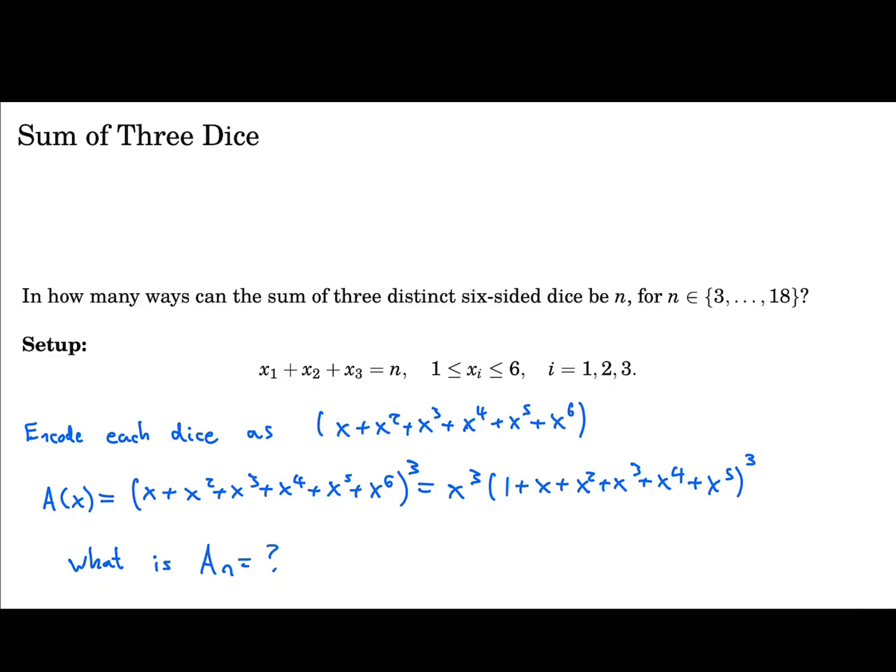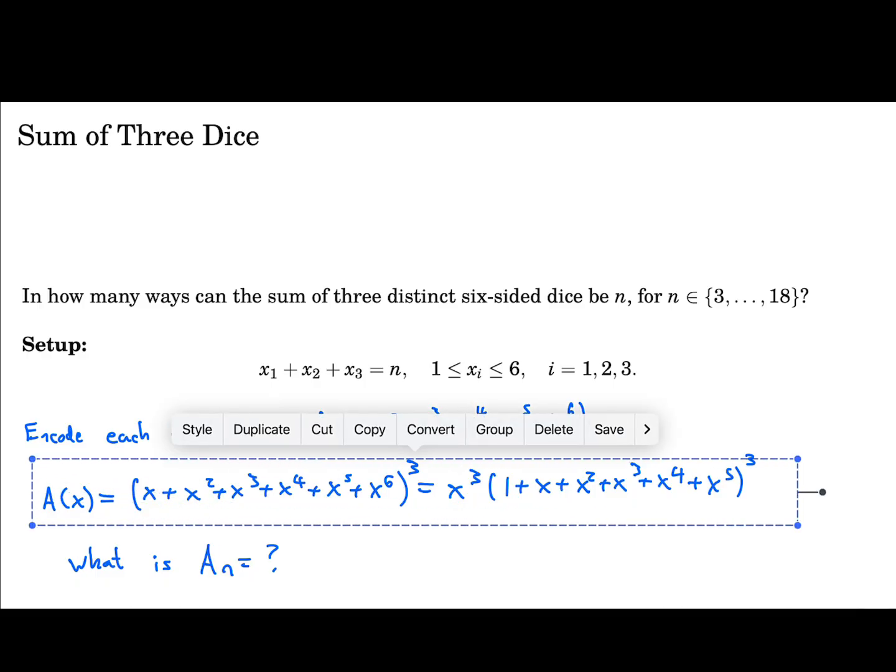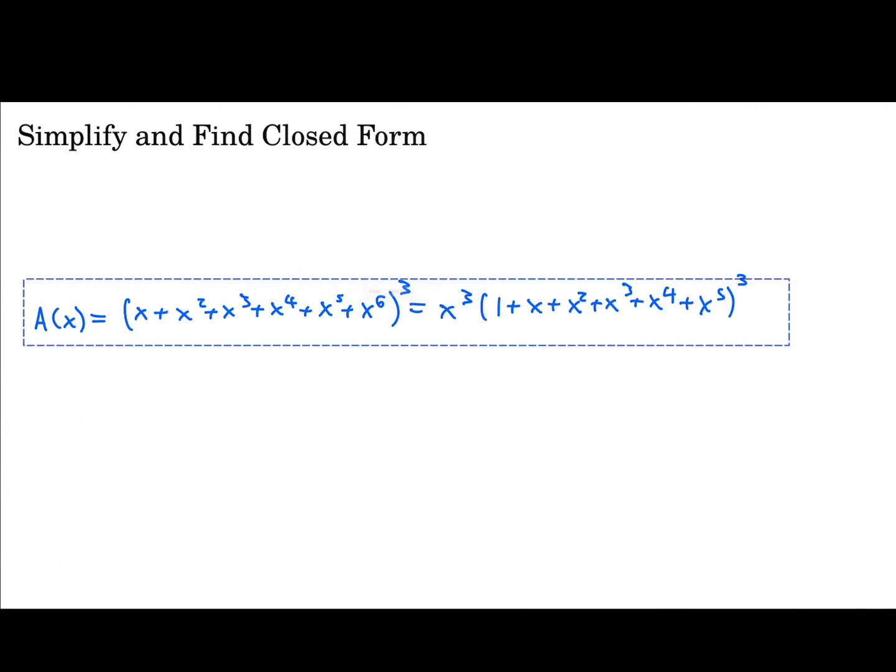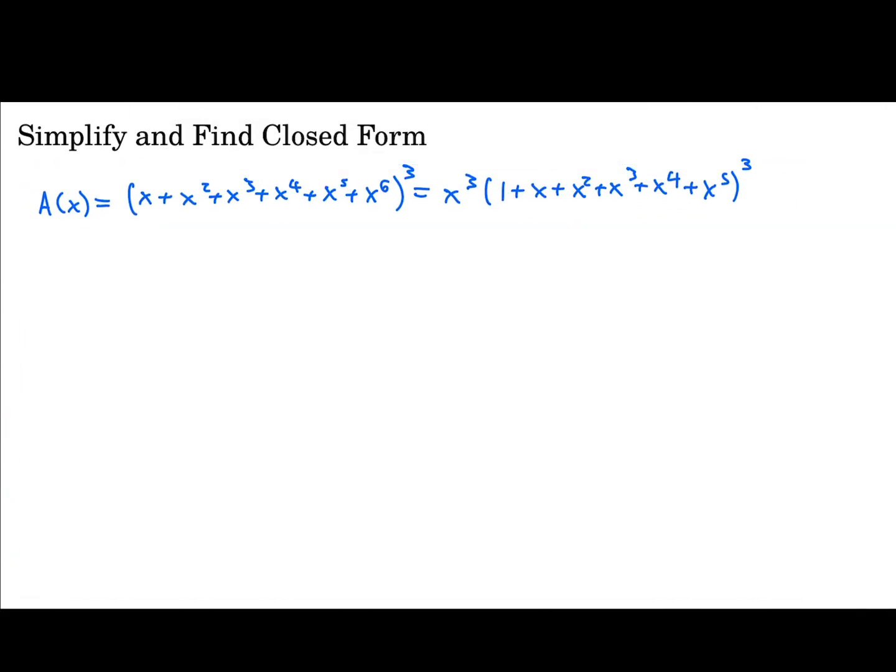Okay, so the first thing is we can simplify, so we can try to find a more closed formula for this. Let me copy this and go to a place with more space. So we can simplify this. If we take 1 plus x plus x squared plus x cubed plus x to the 4 plus x^5, this is just a finite geometric progression, and you can write it like this.